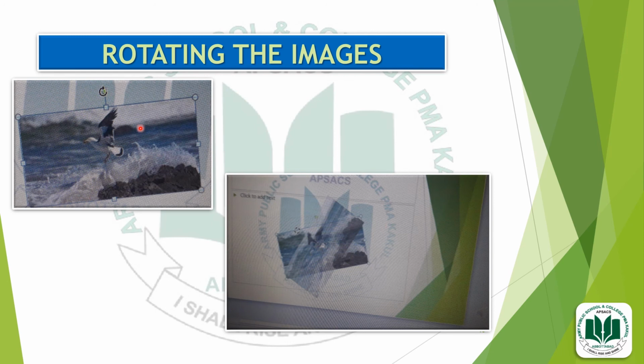Yes, dear students, I have dragged the picture in this way, and the picture is going to start the rotation. In this picture, you can see that I have rotated the picture at about a 60-degree angle.